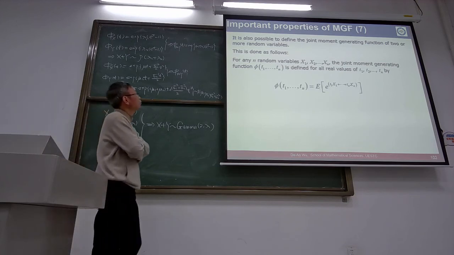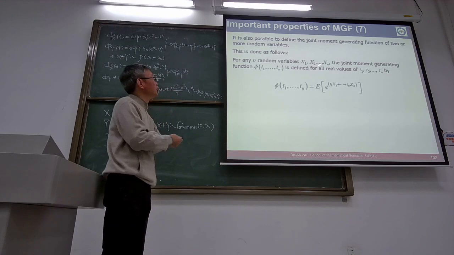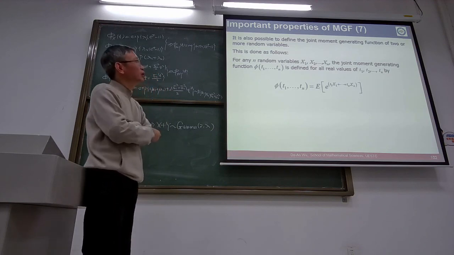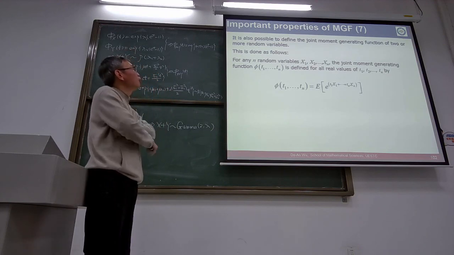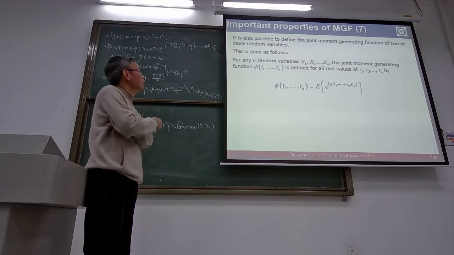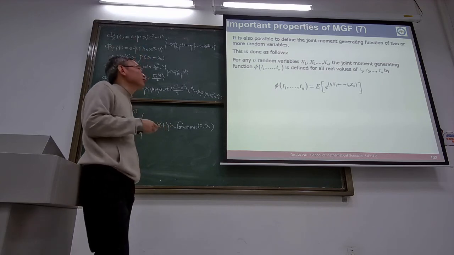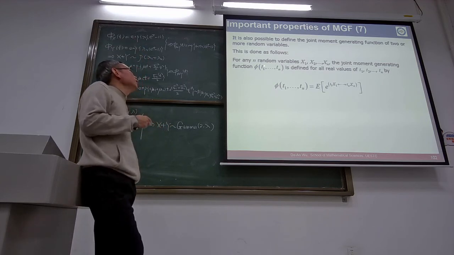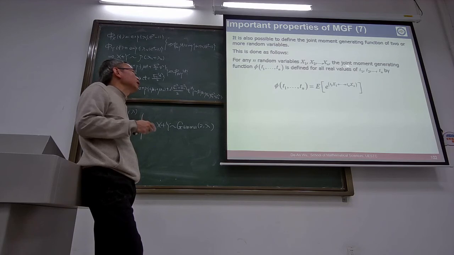It is also possible to define the joint moment generating function of two or more random variables, just for joint density function or joint probability mass function. This is done as follows. For any n random variables x1 to xn, the joint moment generating function is defined by a linear combination.